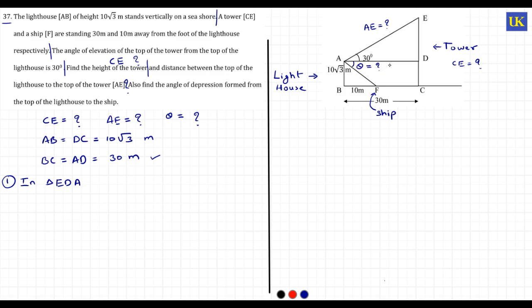So we will be requiring base and hypotenuse, and that we get in cos. By using cos, we get base divided by hypotenuse.